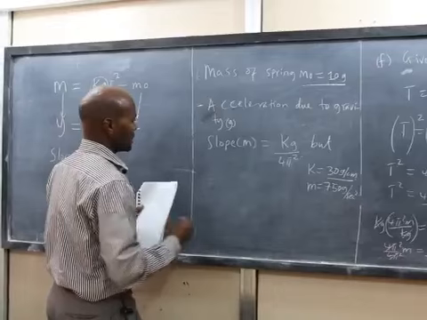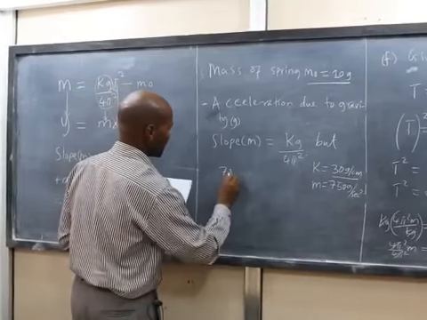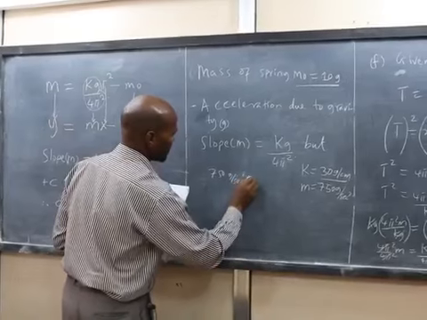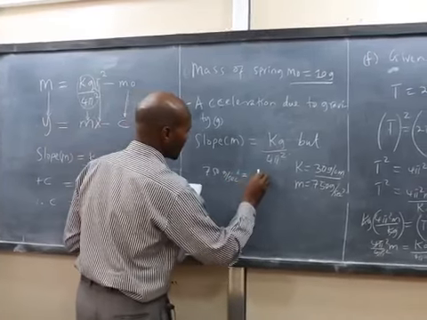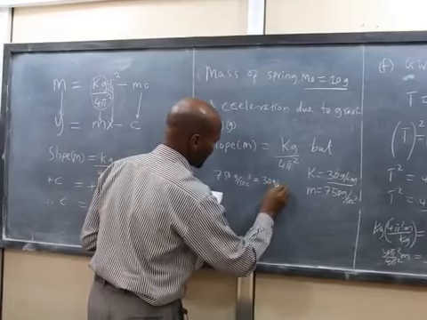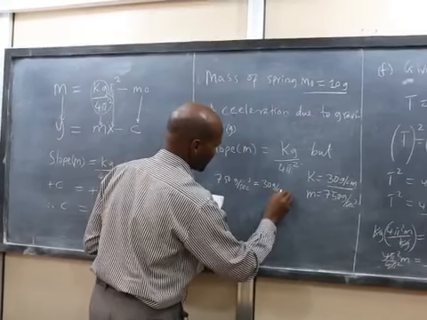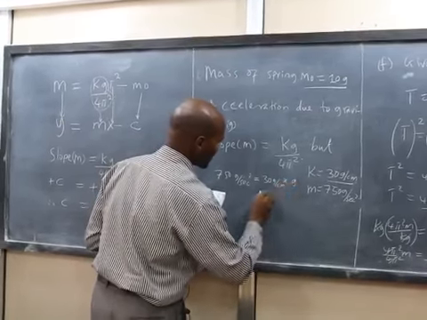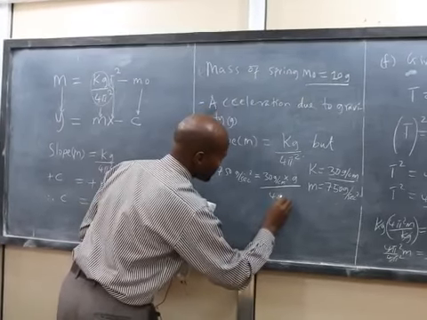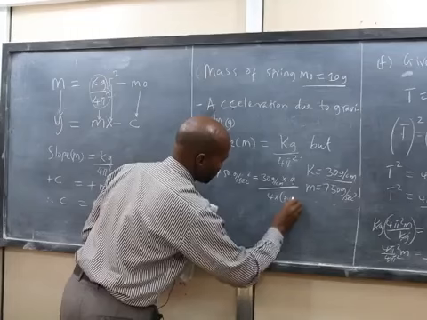So 750 gram per second squared equals 30 gram per centimeter times G over 4 times pi, that's 3.14 squared.